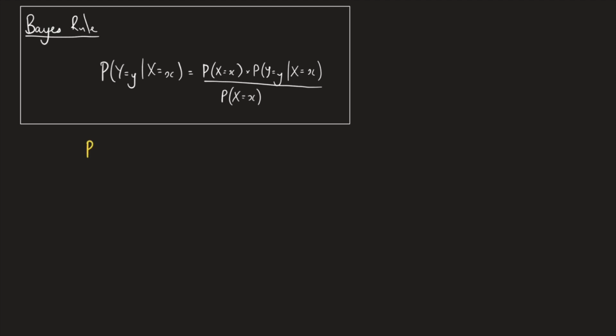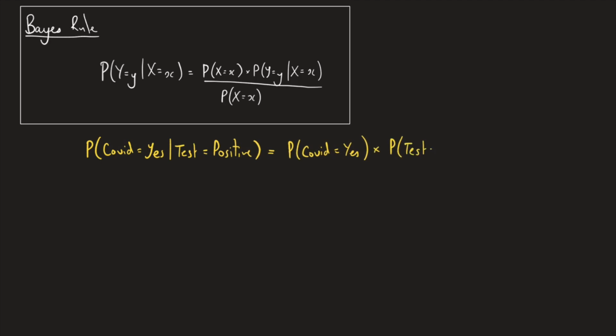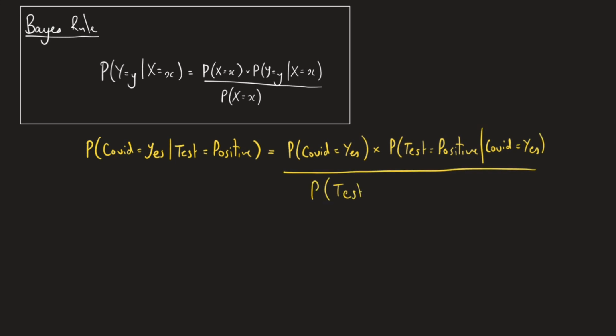So in the example that we've just seen, the probability that an individual has COVID, given that we see a positive test, is just equal to the probability that the individual has COVID times the conditional probability that the test is positive, given that the individual is suffering from COVID, divided through by the probability that the test was positive.